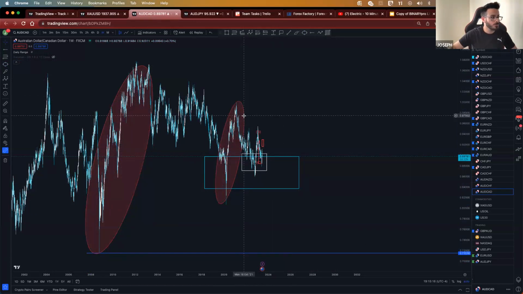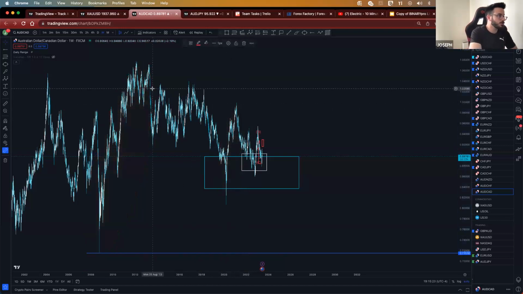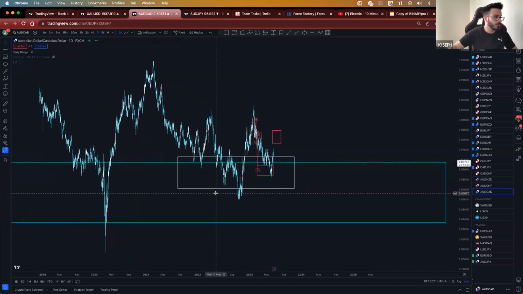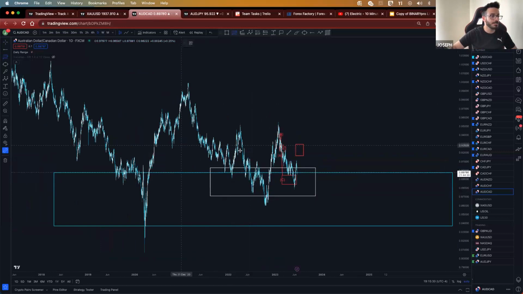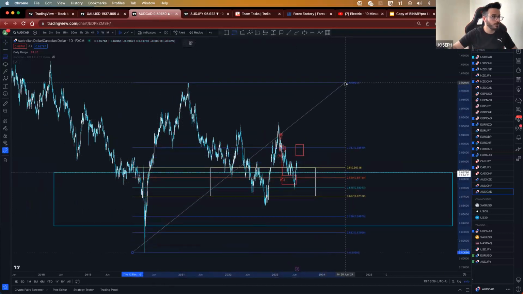Okay, so to see this move a little bit better, I'm gonna go to a smaller time frame. So basically I'm gonna go to daily time frame, and I'm gonna do the same thing. I'm gonna take my Fibonacci for the SK system and draw it from the lower low of the first move to the high point over here, and I'm still at the correction area of this move as well.